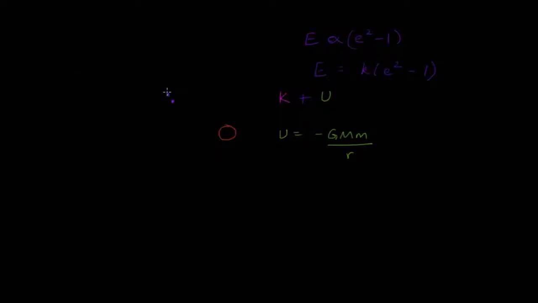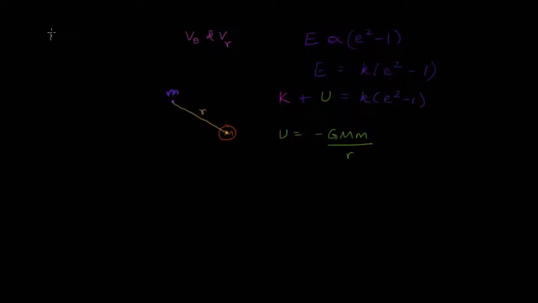So this is small m, this is capital M, G is the universal gravitational constant, and this distance, this will be the center of mass of this object, so this distance will be R. Our kinetic energy in the meanwhile will depend upon this spacecraft's radial velocity and angular velocity, and it will just be half m into v square, where v depends on both of these. So this equals k into e square minus 1.